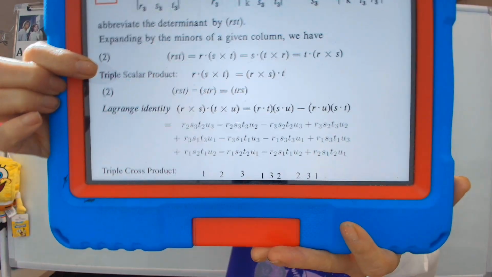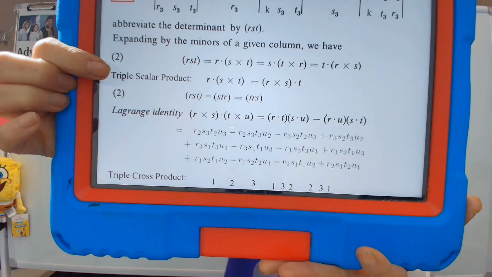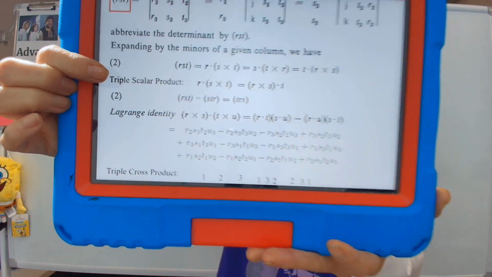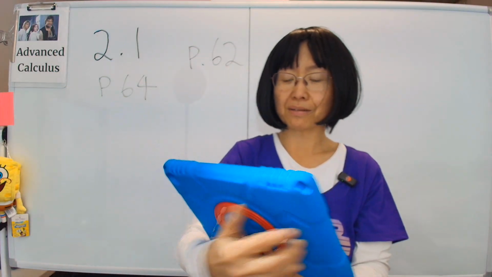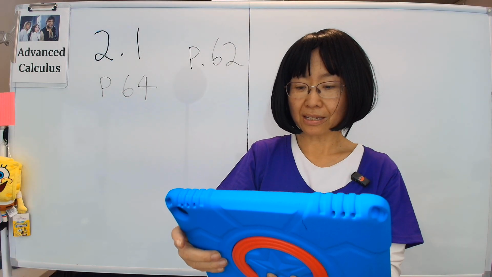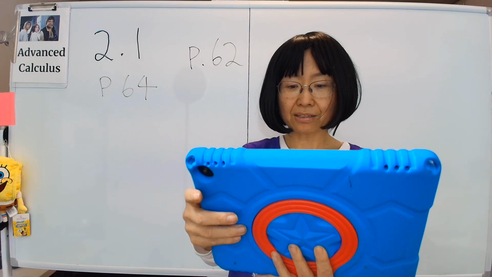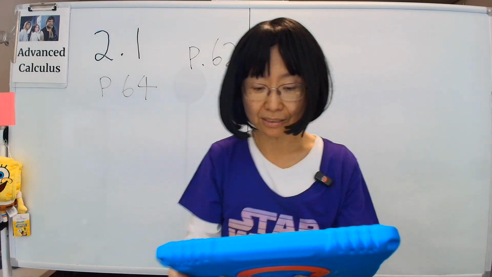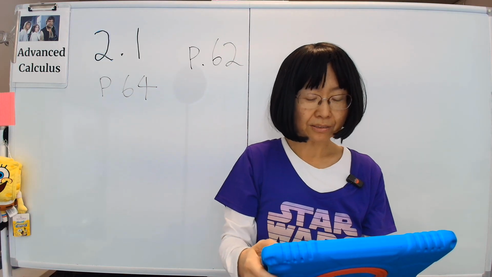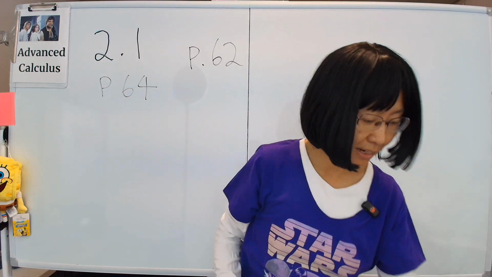With the dot product, you can move the parentheses. You can't move the order of the stuff, but at least you can move the parentheses. Whereas with the triple cross product, you can't even move the parentheses. It's just not the same. So it's not associative.